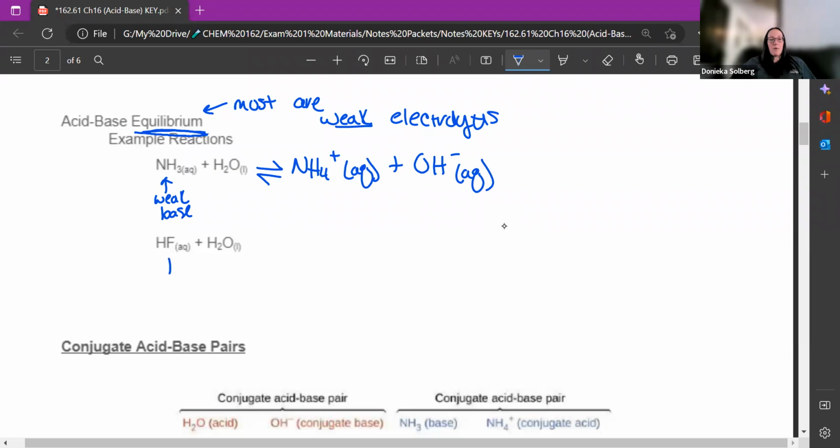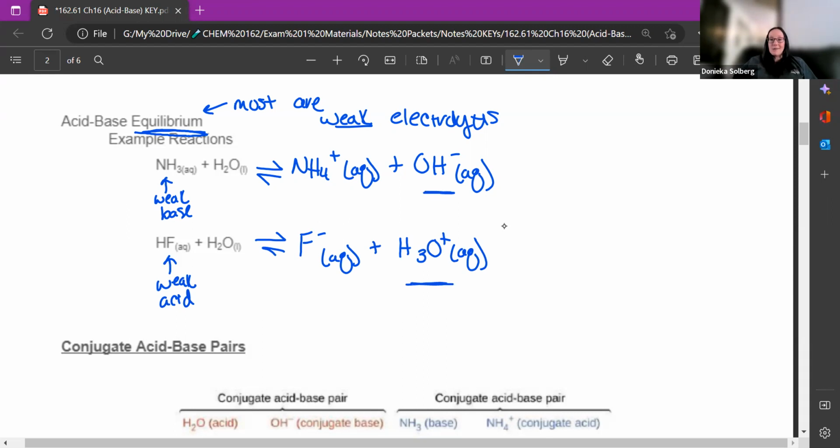However, when I put a weak acid, and I know this is a weak acid because it's not one of the 6 that I had to have memorized, essentially it's going to donate its H plus, so we end up with F minus and H3O plus. So you really have to look at where that H is going, if it's an acid or if it's a base. Notice on the products side, I end up with OH minus and H3O plus. OH minus, super basic. H3O plus, super acidic. That's kind of how everything relates together. We're going to start looking more at acid-base reactions in the next one.